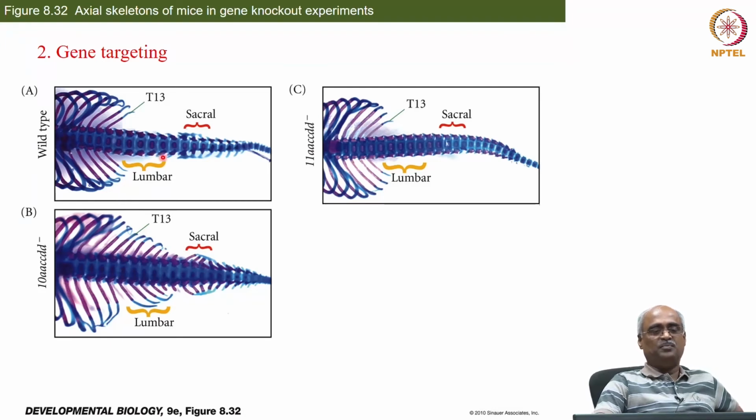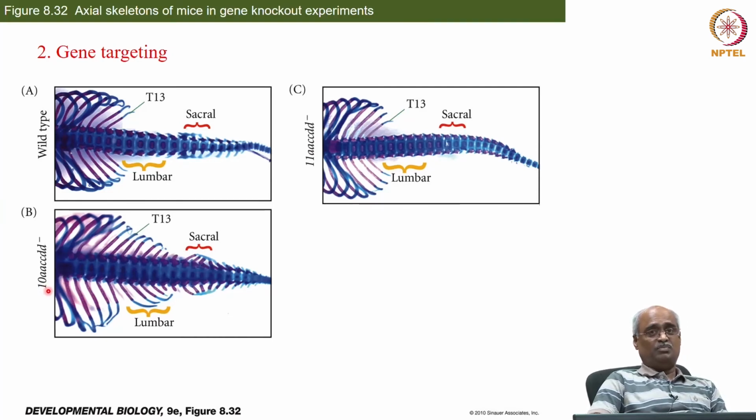In the ventral part of that portion you have your stomach. So that portion of the vertebral column looks like this. Now if you delete, remember in mouse it's not like one Ultrabithorax that you need to delete or one Antennapedia you need to delete.